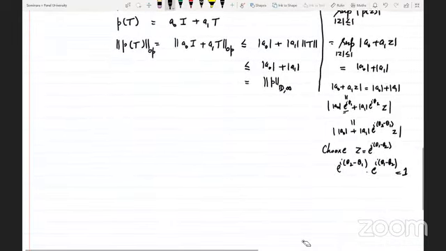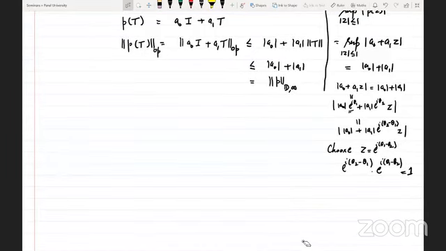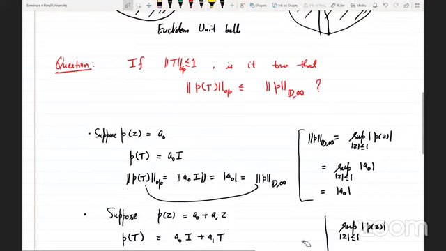So actually the first non-trivial case is when p is a polynomial of degree 2. But before specializing ourselves to degree 2, let me first answer this question in general.